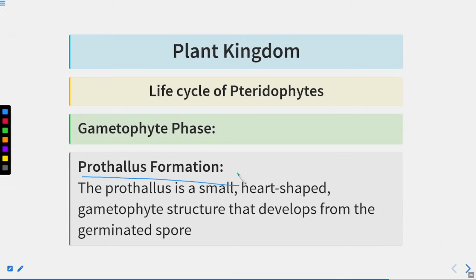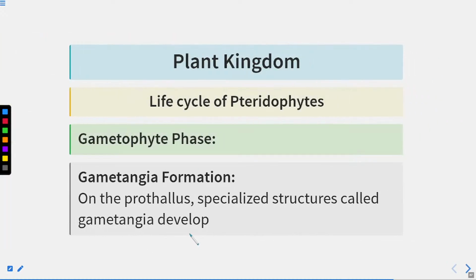Now, when prothallus formation takes place, that gives rise to the gametophytic phase. Prothallus is a small heart-shaped gametophyte structure that develops from the germinated spores. Gametangia formation: on the prothallus only, the two gametangia form, antheridia and archegonia, right?